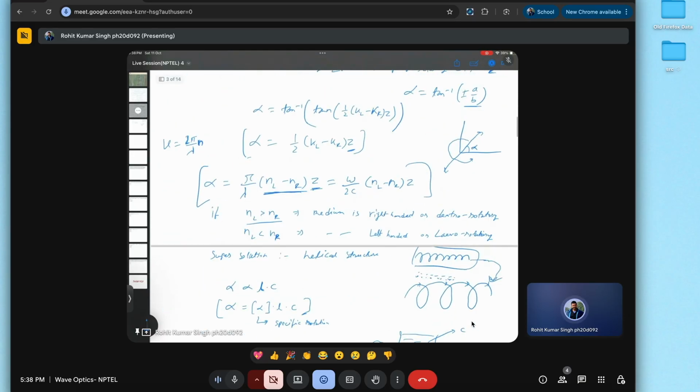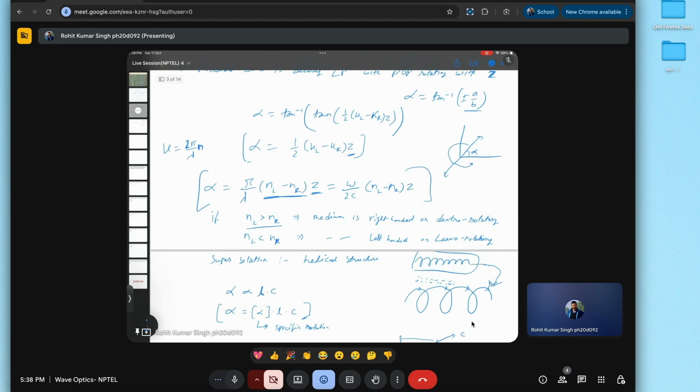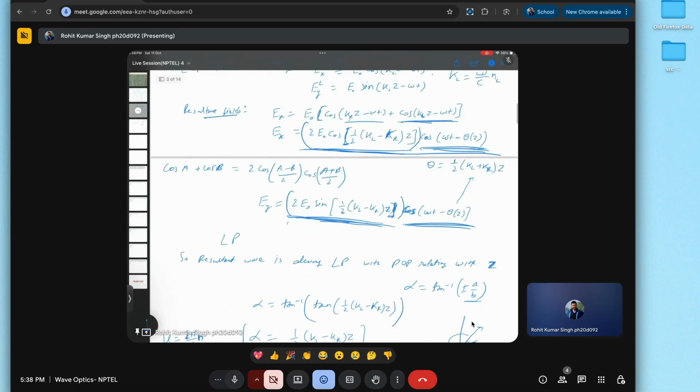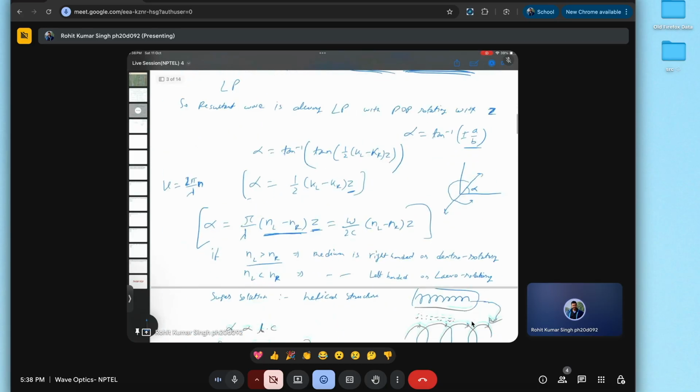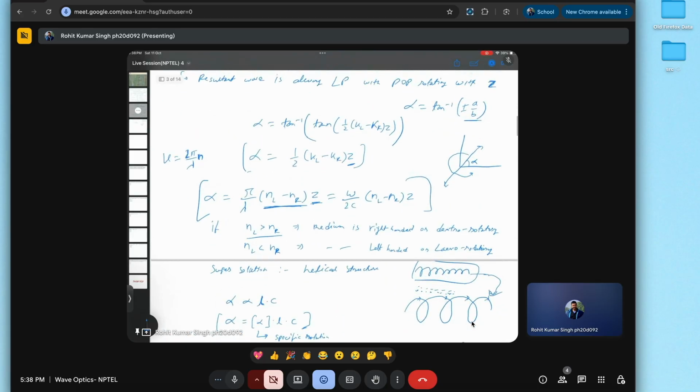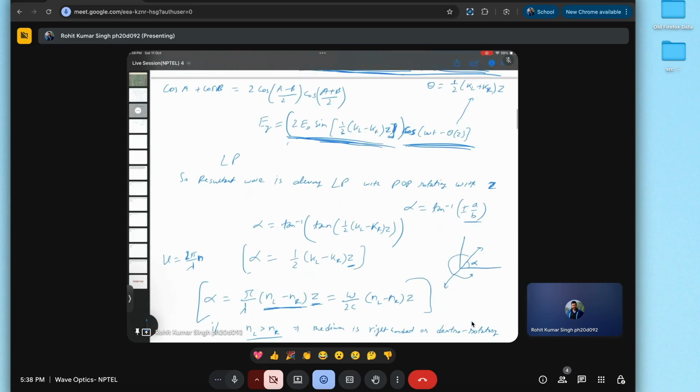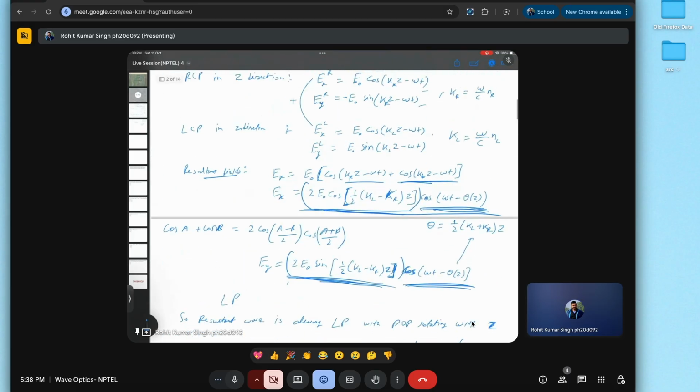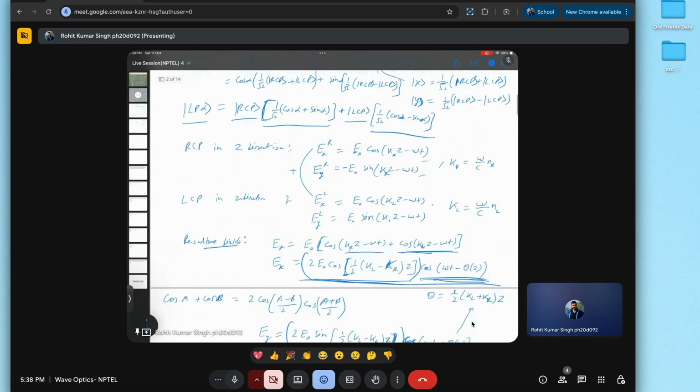Yeah, refractive index. I did not understand properly about that. You mean, like you said, different refractive index? Yeah. Oh, okay. So this and this, right? Why do we have different refractive index for right and left circularly polarized light, right?